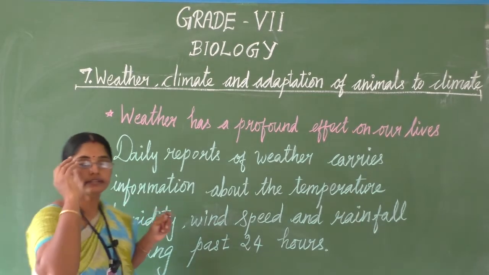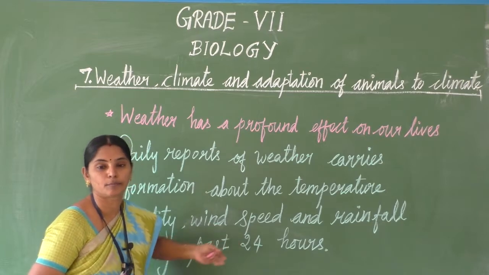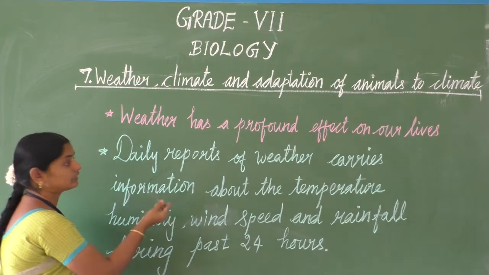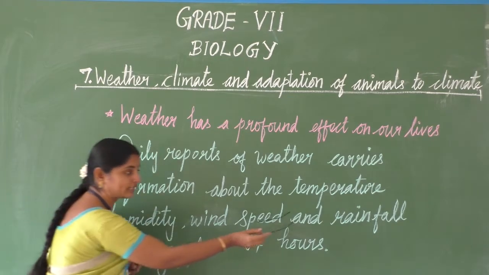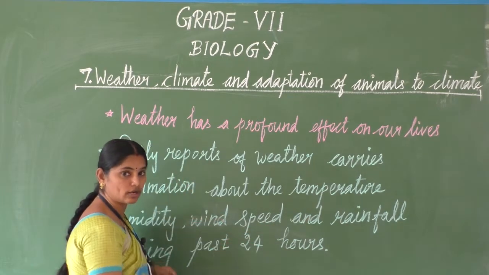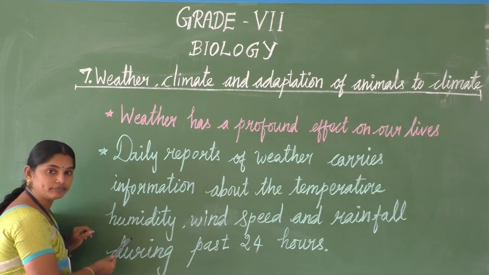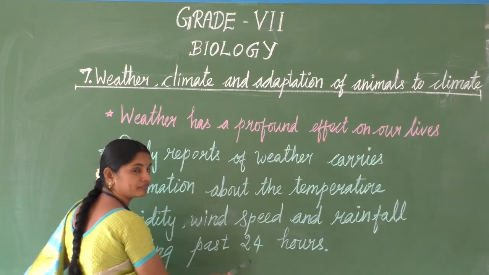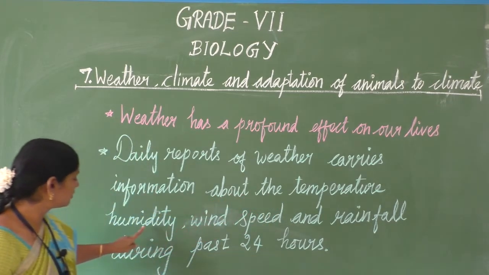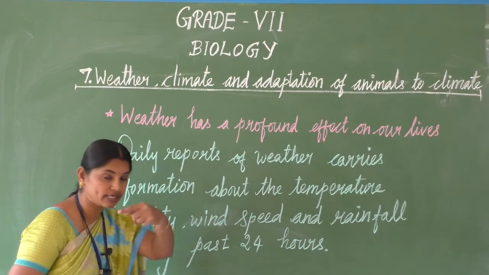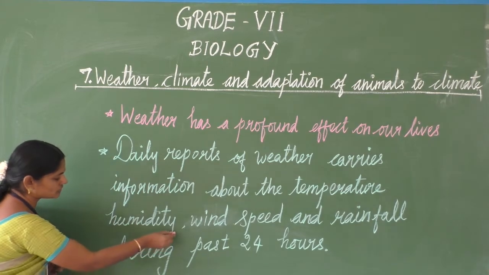What are the things they discuss while they submit the weather report? What does the daily weather report carry? They discuss the temperature on that particular day: what is the temperature, humidity, wind speed and rainfall. What is the meaning of the word humidity?